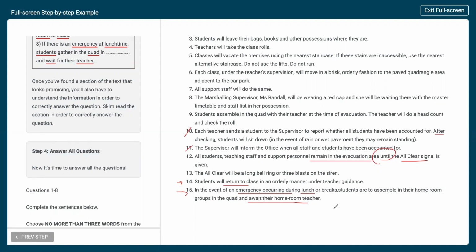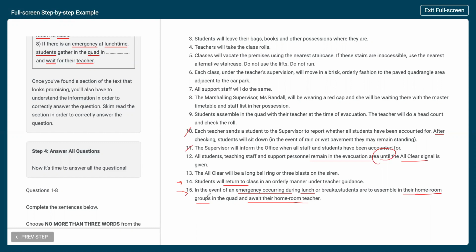In this case, I would say we were correct in predicting a group because it looks like right here we have homeroom groups. That's perfect. It makes sense as well. Remember, hyphenated words count as 1 word. So this would give us 2 words. We could also say perhaps their homeroom groups.